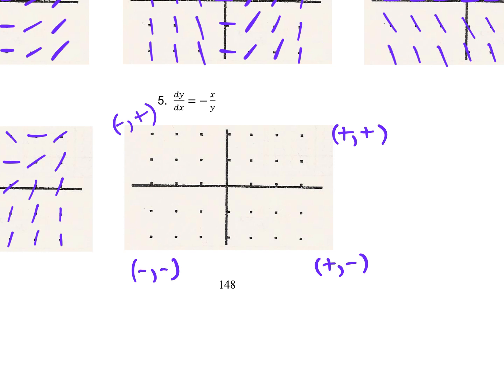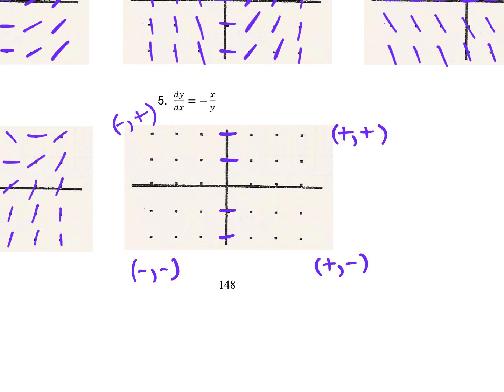When x is 0, but y is not 0, right? Because 0 over 0 is what? Undefined. So when x is 0, those 4 places, I have a slope of 0.